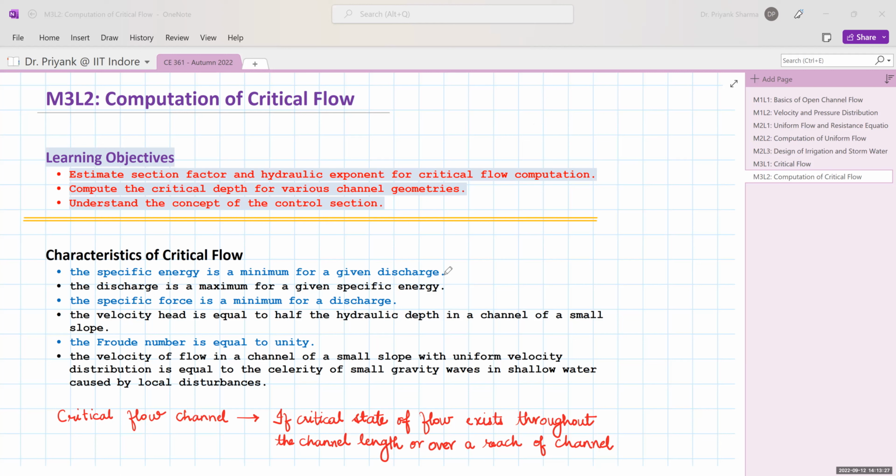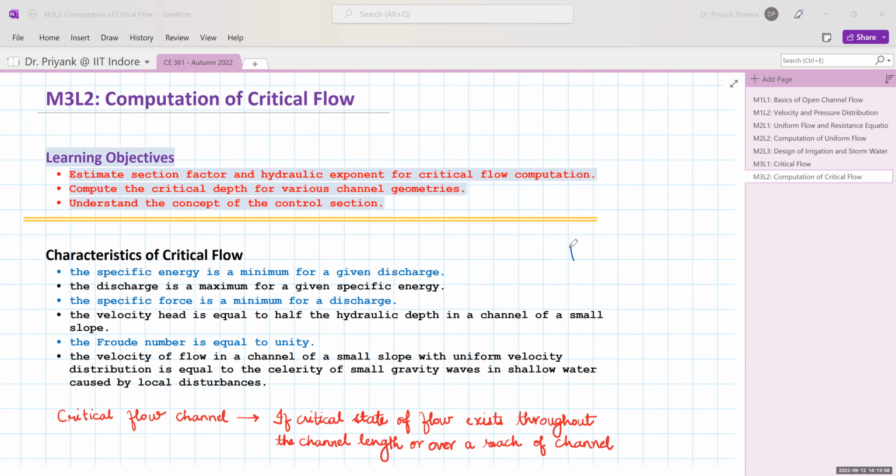Consequently, the discharge is maximum for a given specific energy. Also, the specific force is minimum for a given discharge. The velocity head is equal to half of the hydraulic depth in a channel of small slope. The Froude number for critical flow is 1, and the velocity of flow in a channel of very small slope having a uniform velocity distribution is equal to the celerity of small waves in shallow water caused by local disturbances.